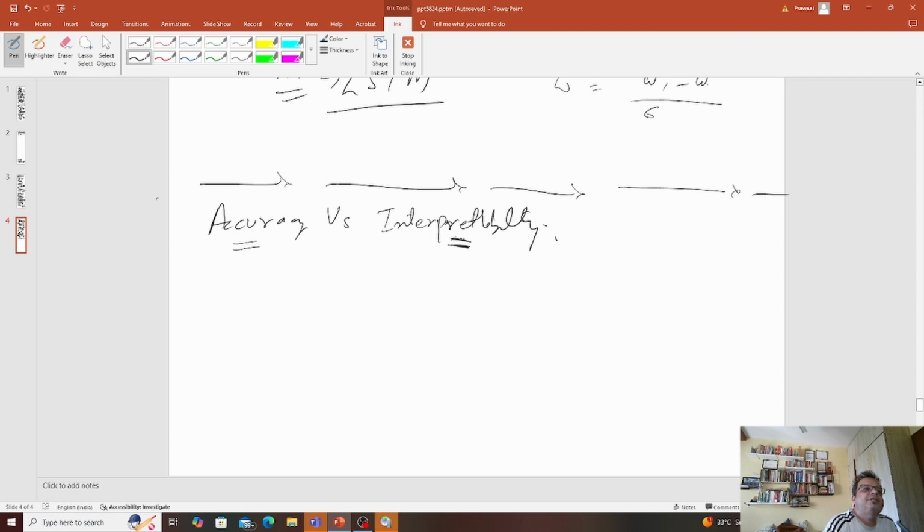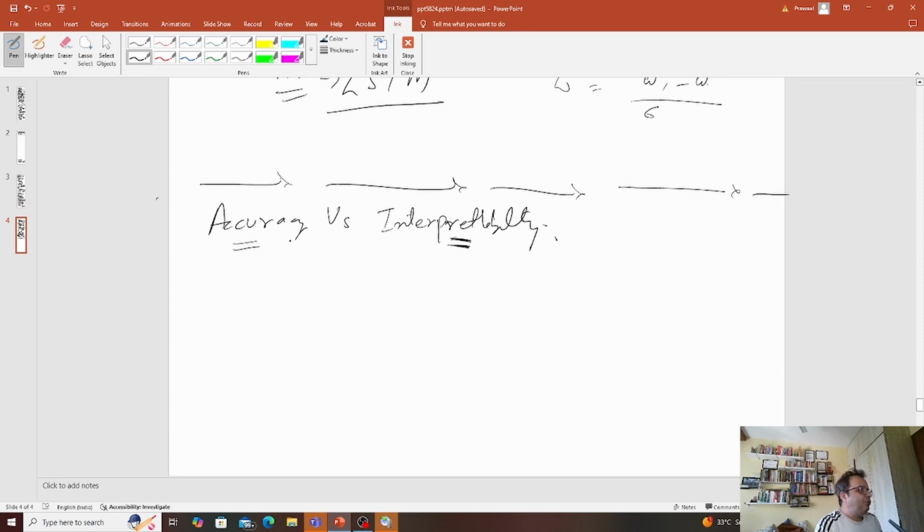You cannot explain those models to normal people or to business people, why you are getting this kind of response, because there is a lot more number of parameters. These LLMs have 1 trillion parameters, right? No human mind can explain or understand how those 1 trillion parameters come together and solve a problem. So your accuracy and interpretability are inversely proportional to each other most of the time. You can increase your accuracy, but you cannot go beyond a limit.